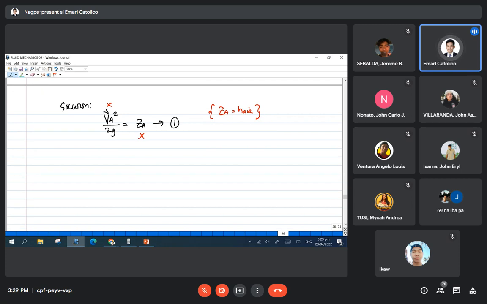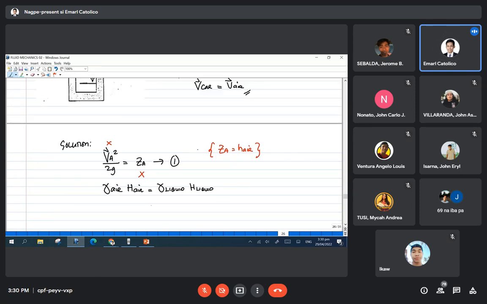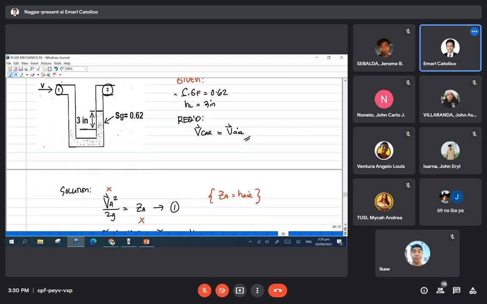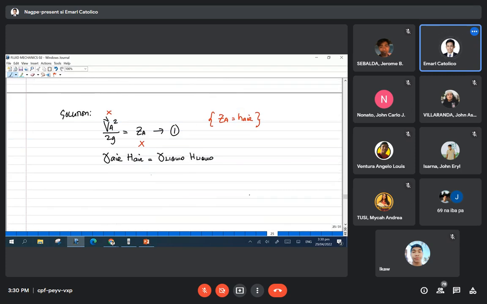So, masasolve natin yan by equating air doon sa water. So, gamma ng air times head ng air is equals to gamma ng water or gamma ng liquid times head ng liquid. Okay? Given naman si head ng liquid tsaka si SG, makuha natin to.